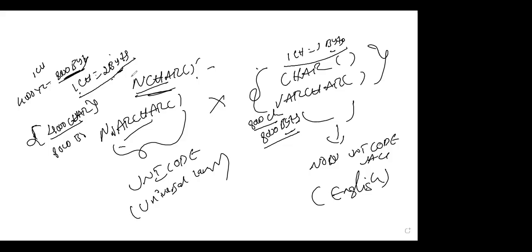Technically we can call it Unicode values.